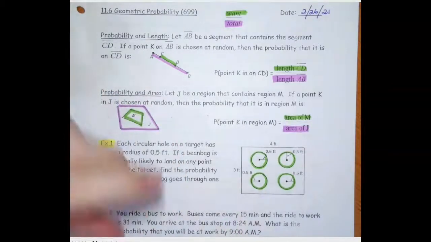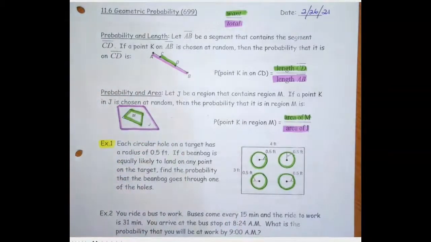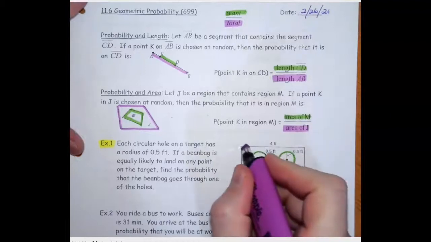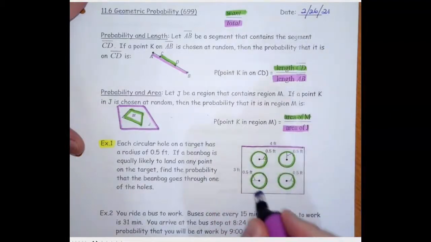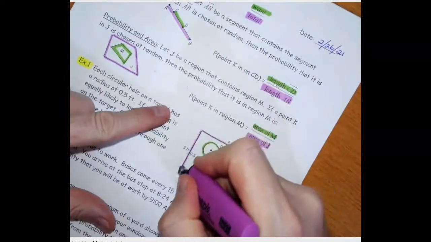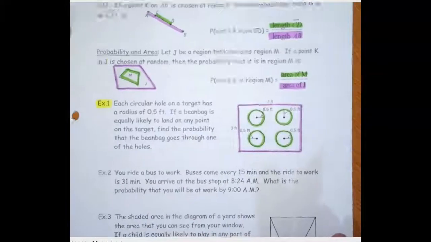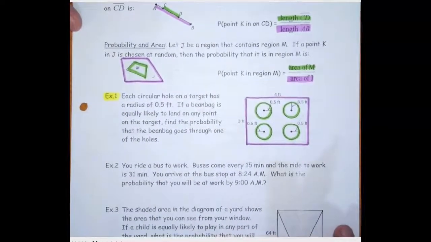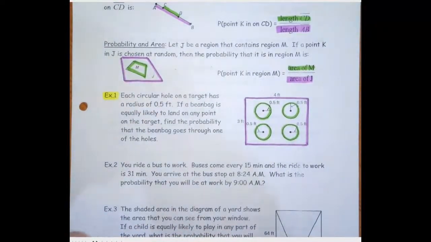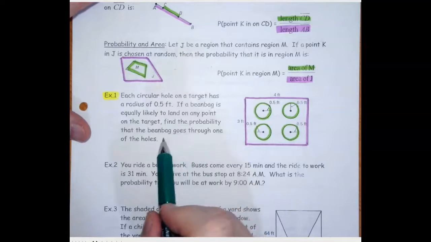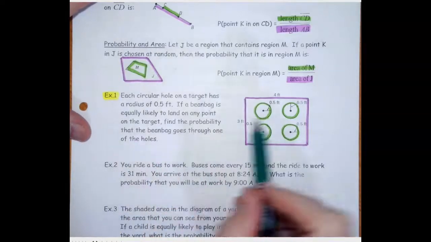But what we want is the beanbag to go through one of those circles, and the whole thing is the board, assuming that it's going to hit the board. For when it hits the board, what's the probability it goes through a circle? Now, we would hope that our aim doesn't make it random, that we actually are influencing where the beanbag goes. But anyway, let's take a look.